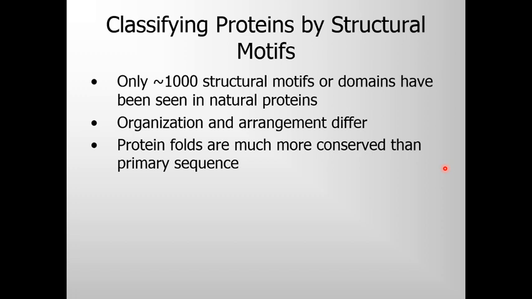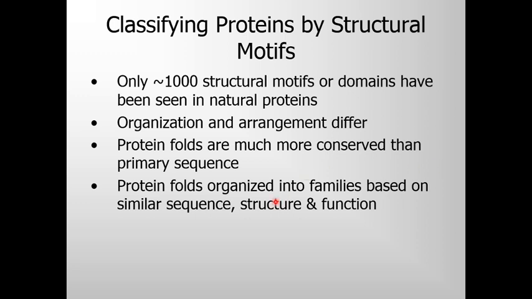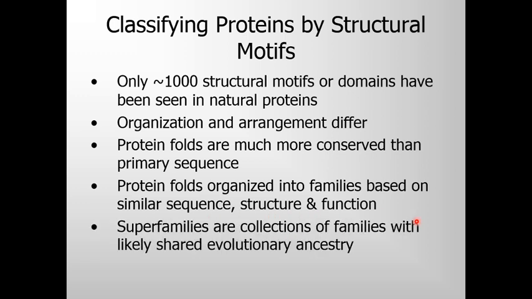Remember, protein fold is a three-dimensional structure, a tertiary structure. Protein folds are organized into families based on similar sequence, structure, and function. Superfamilies, on the other hand, are collections of families with likely shared evolutionary ancestry.